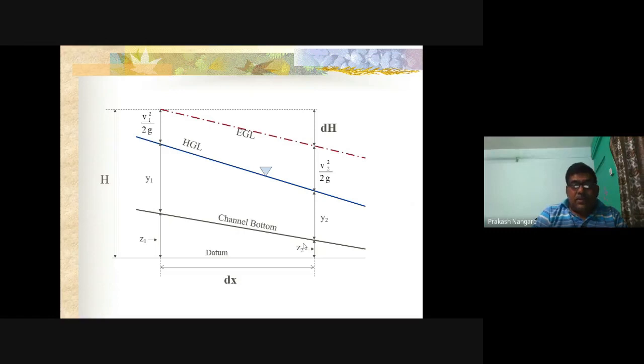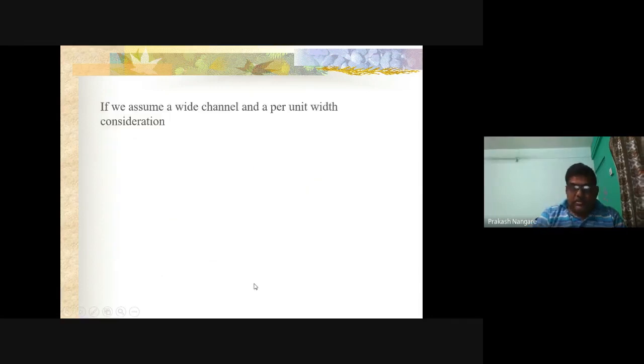Then let us see what dH is. The change in the depth of the flow is nothing but this vertical ordinate, dH. The corresponding energies at section 1 and 2, and the length bounded between section 1 and 2, is shown here as dx.